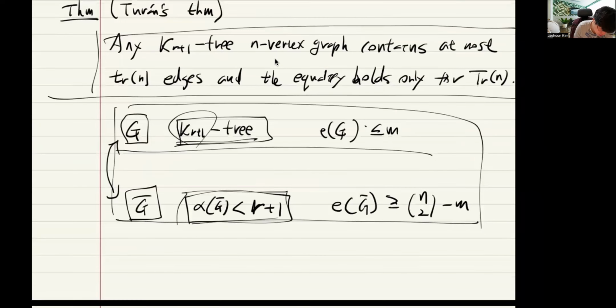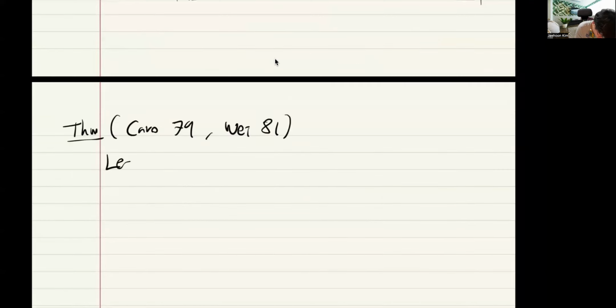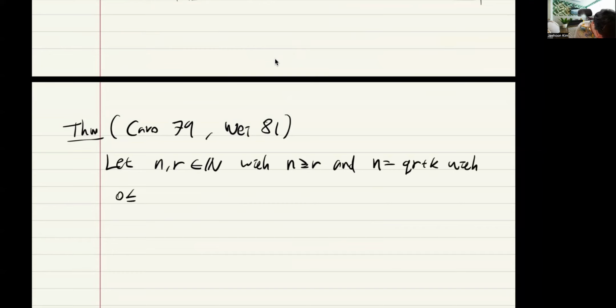And then by taking G complement, the following theorem by Caro and Wei implies the Turan theorem. Let n and r be natural numbers with n bigger than r, and let's say n is qr plus k, with this k being smaller than r.